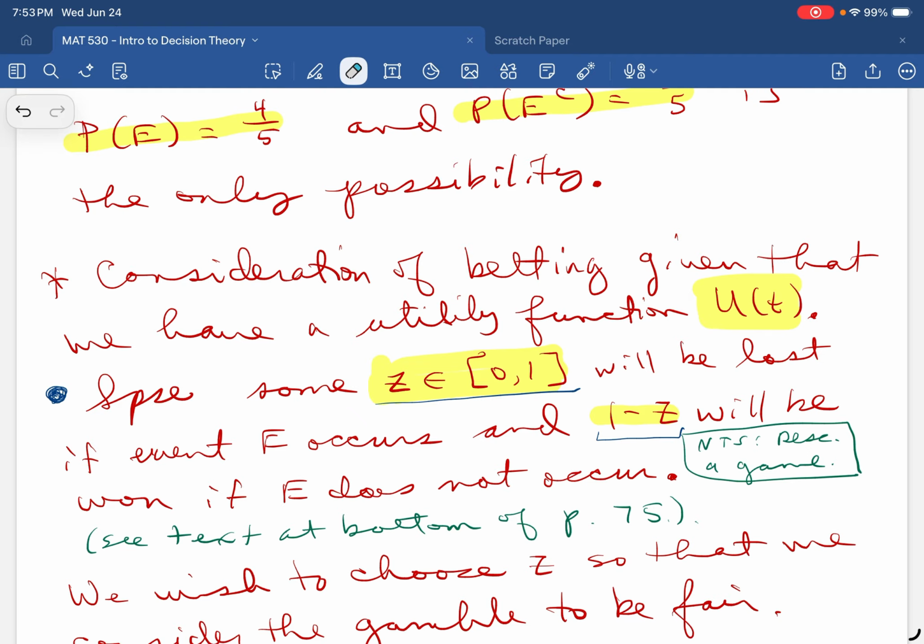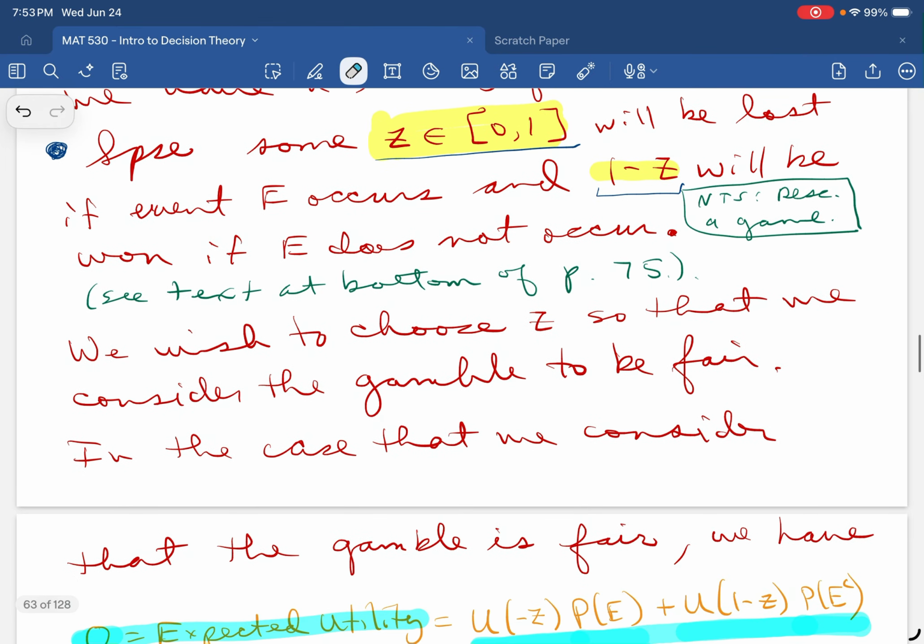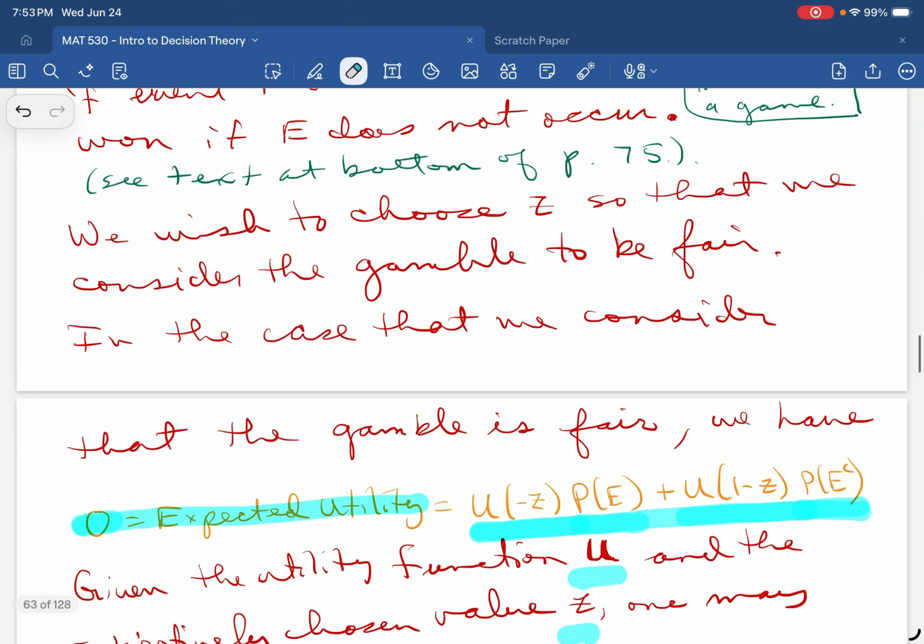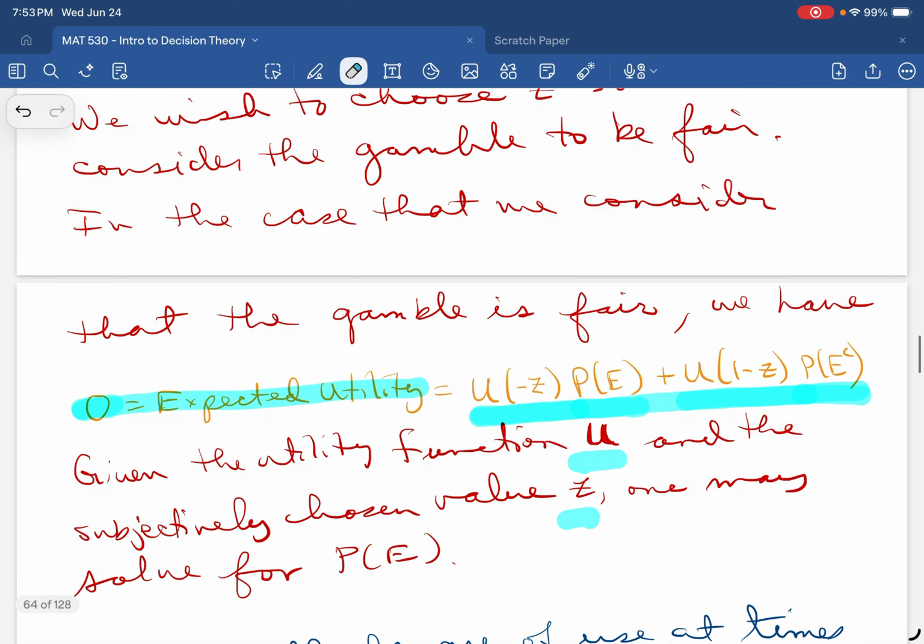They describe this in the textbook, and you can read about it at the bottom of page 75. And so we wish to choose z so that we consider this to be a fair gamble. And then in that case, based on your utility function, you just work it out to where the expected utility would be 0, because if you feel that that gamble is fair, then your expected utility should be 0. And then from there, you can determine the probability of E.